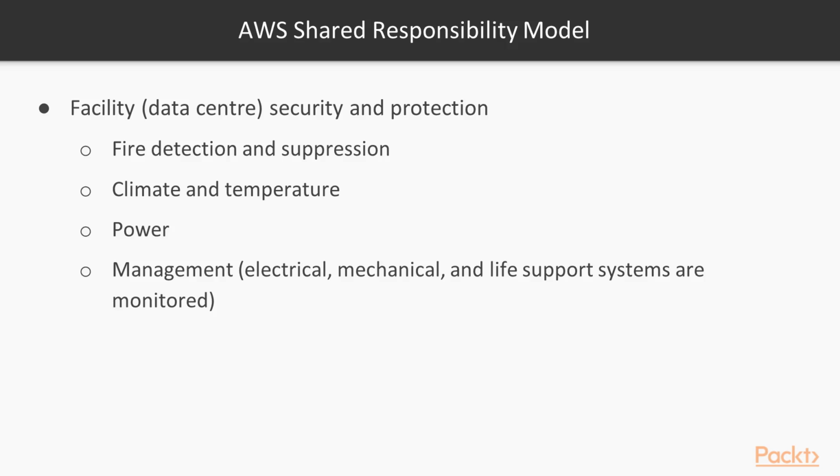Then they need to ensure physical access is secure. So this is monitored by security staff utilizing video surveillance, intrusion detection systems, and other electronic means. Authorized staff must pass two-factor authentication a minimum of 2 times to access data center floors. All visitors and contractors are escorted by authorized staff.